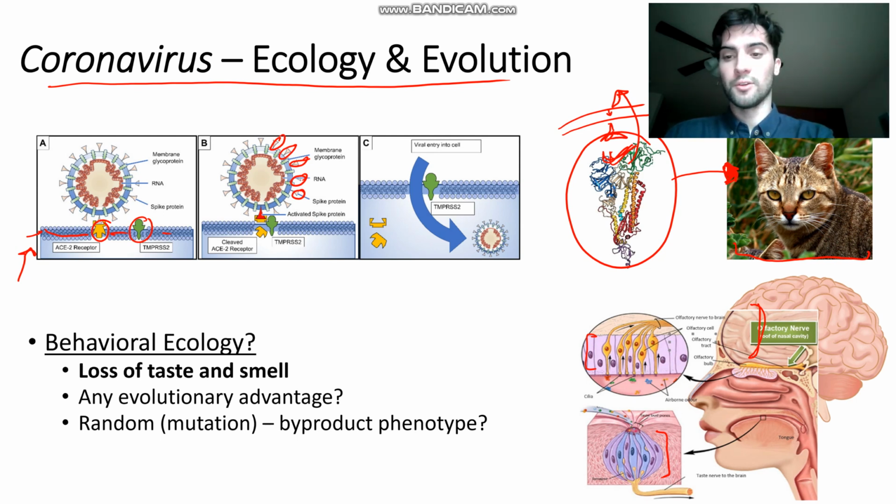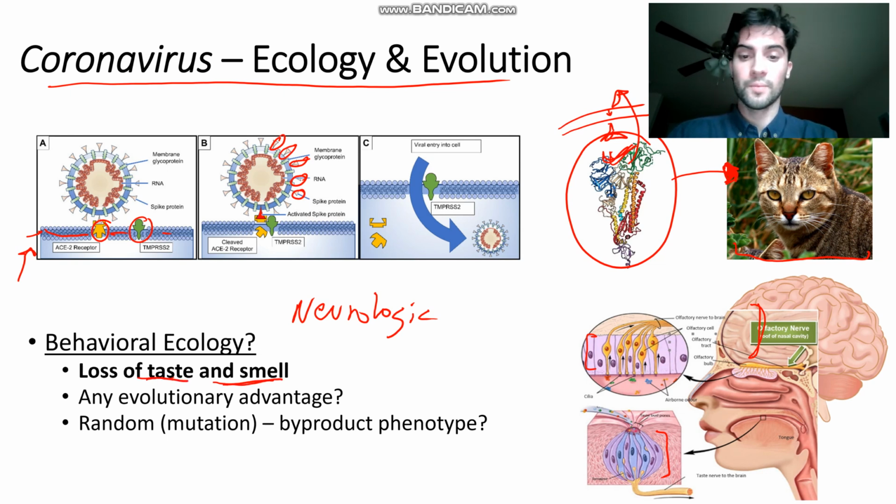So the neurological aspects of coronavirus are quite interesting, actually. So they affect the sense of taste and the sense of smell. So this is the smell receptors and this is the taste receptor. And these are the first symptoms of coronavirus infection. You will lose your sense of taste and smell. So I ask myself, is there any evolutionary advantage for that?